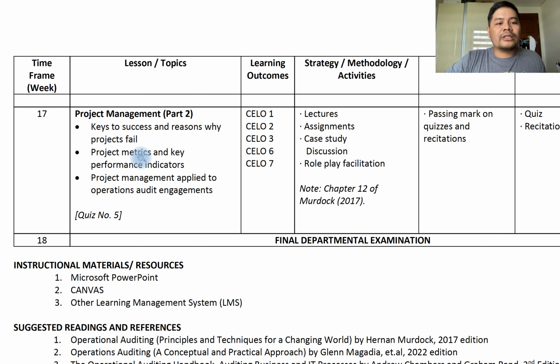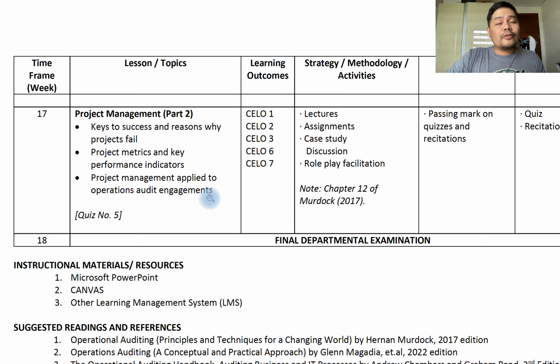Okay, we also have here the project metrics and key performance indicators. Ito yung sinasabi ko kanina, ano yung mga key performance indicators saying that the project is most likely close to success, or being completed with no problems at all, mga tipong ganun. Okay, we also have here the project management applied to operations audit engagement.